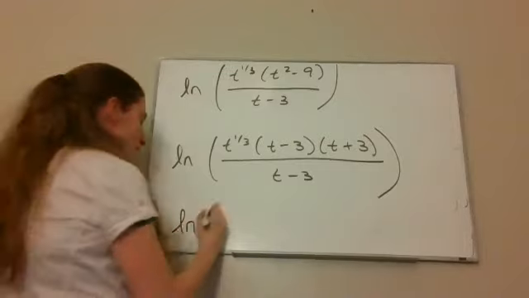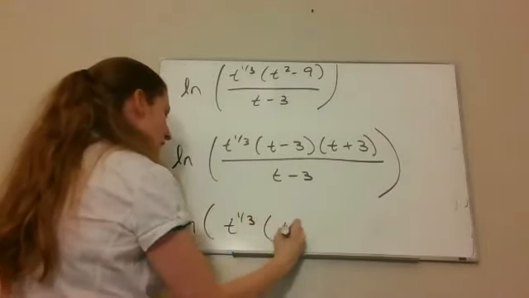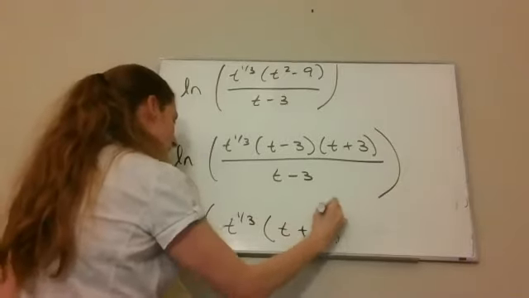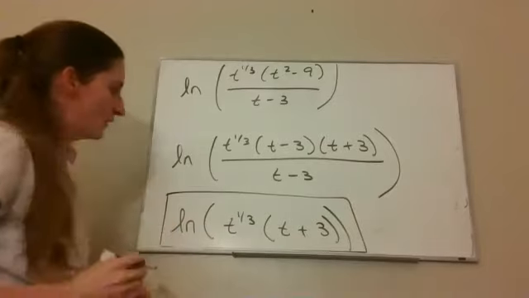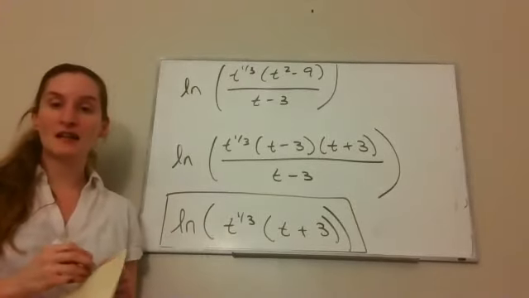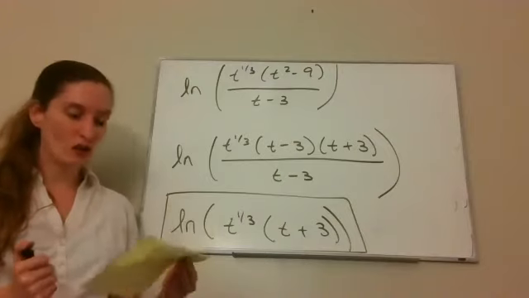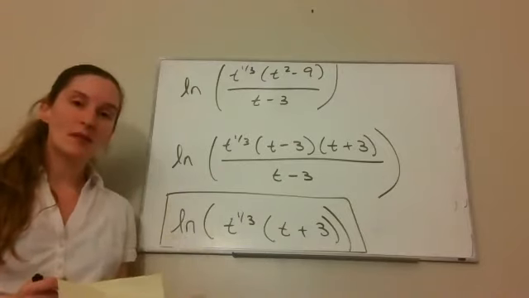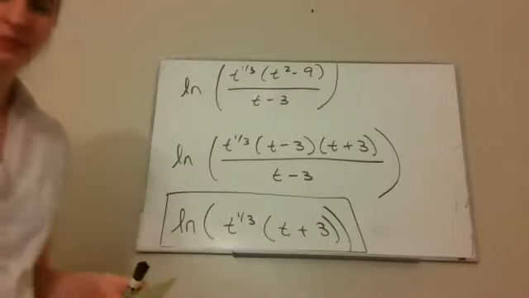So my simplest answer is natural log of t to the 1/3 times t plus 3. So that was some practice taking an expanded logarithm and writing it back down as one single logarithm. This skill comes in handy when you have to solve equations using logarithms.